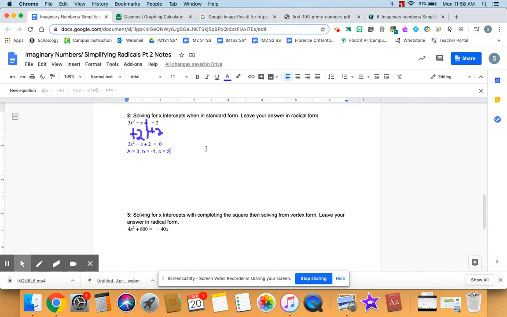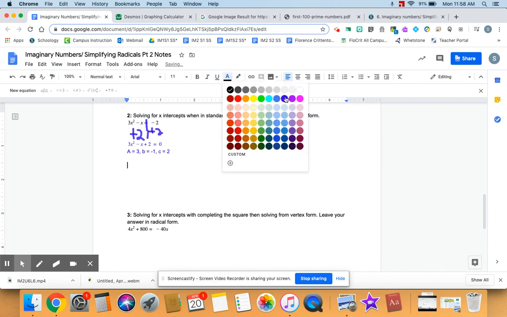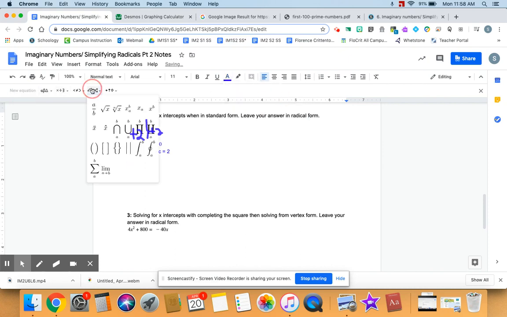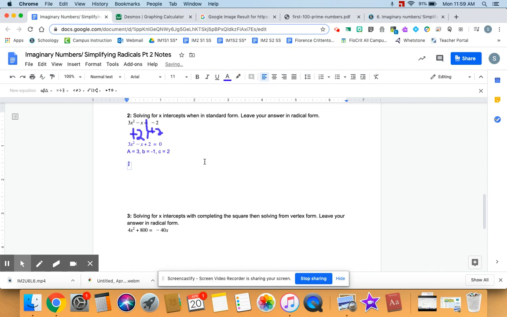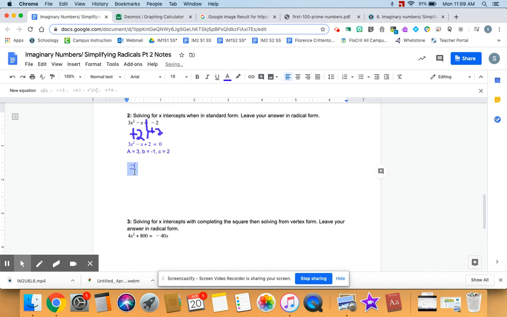And then we throw it in the quadratic formula, which says negative b, and b happens to be -1. Don't forget you need both of those negatives.